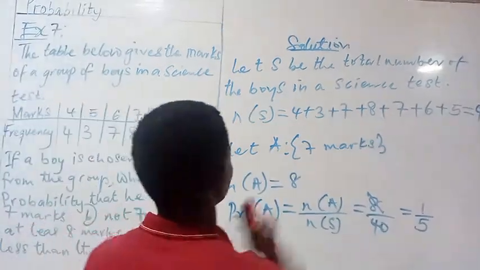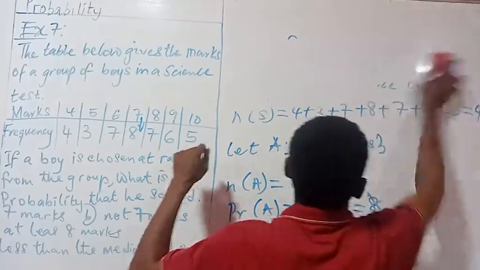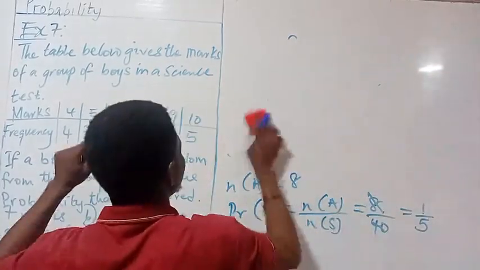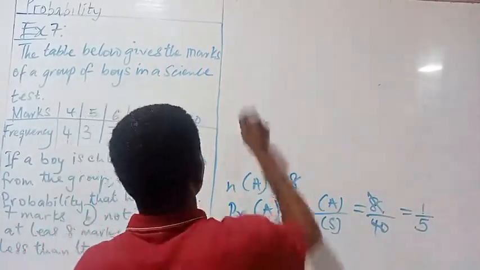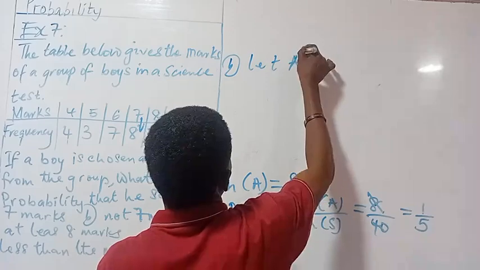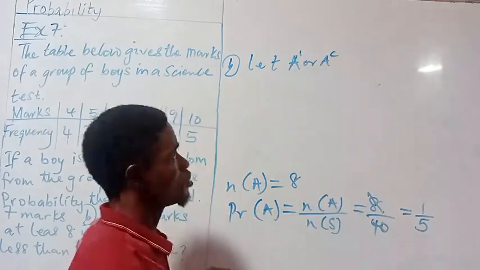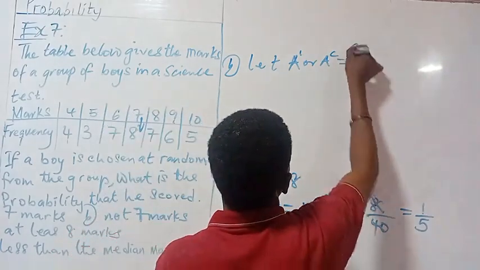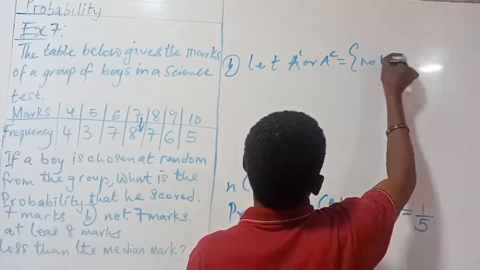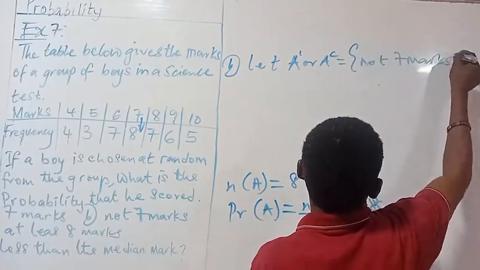Then number 2, B, not 7 marks. So for B, let A prime or A complement be not 7 marks.